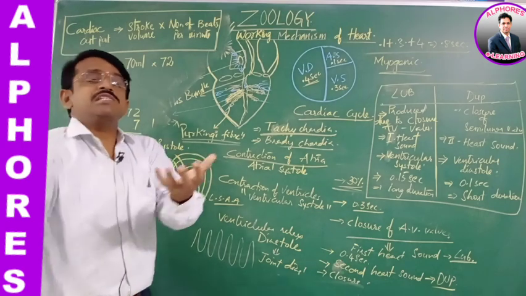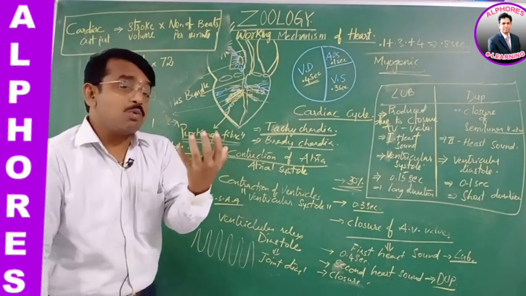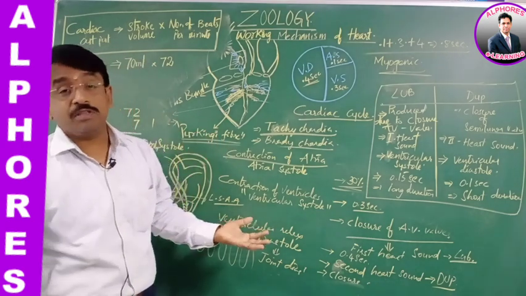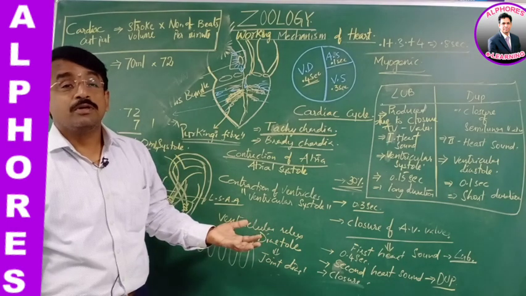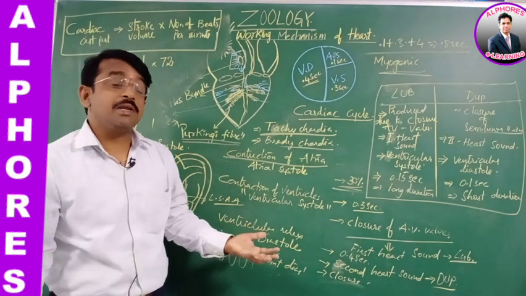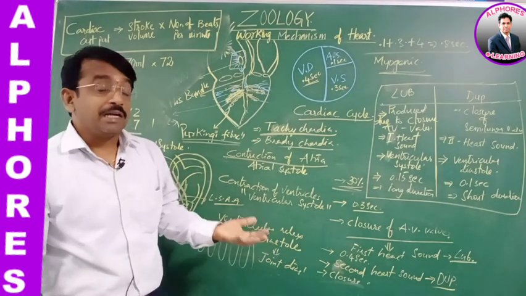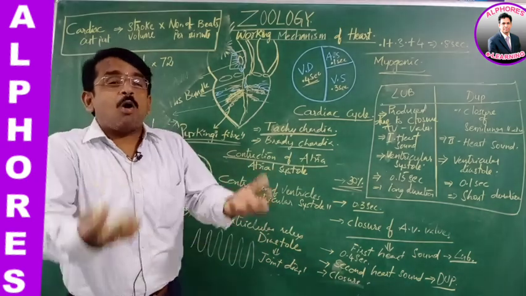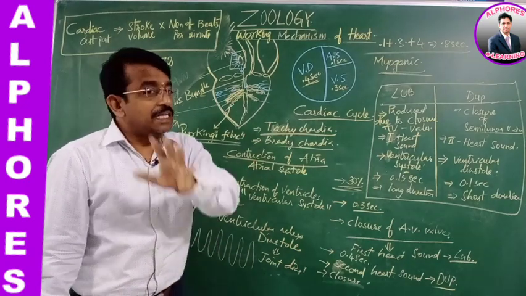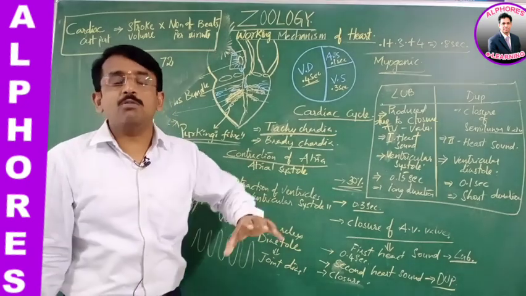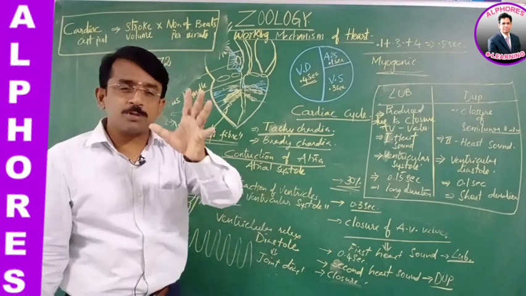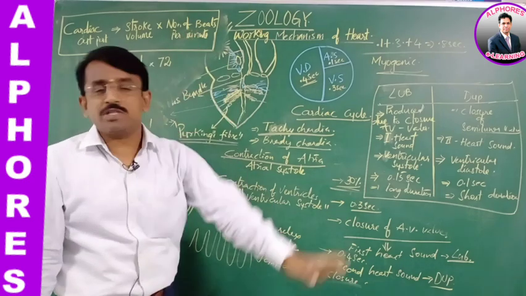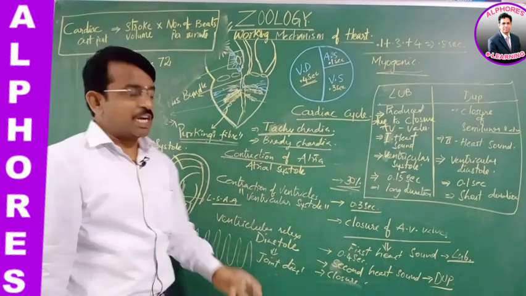Now you may raise a doubt: Sir, how is it possible when we have only 5000 to 6000 milliliters? It is the number of times it is pumped out. It doesn't mean that the blood volume increases. Homeostasis is always maintained. That's what we see.